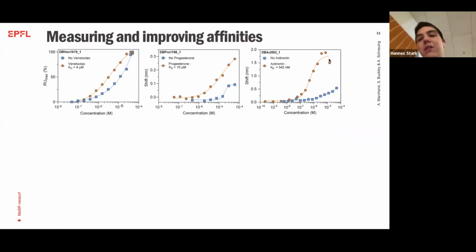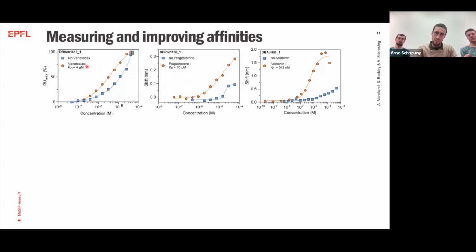And also one important measurement, like we just mentioned before, is the affinity. So now if we predicted that they bind correctly, we also want to know how strongly they bind with each other. There are different methods where you make a titration of the ligand and you can measure the binding using surface plasmon resonance or biolayer interferometry. And you see here the affinity in presence versus absence of the ligand.